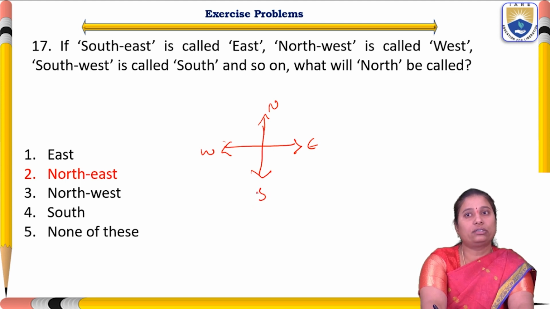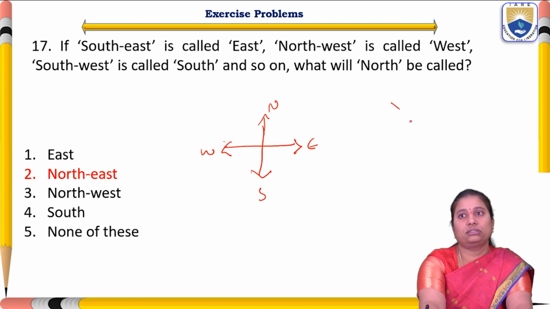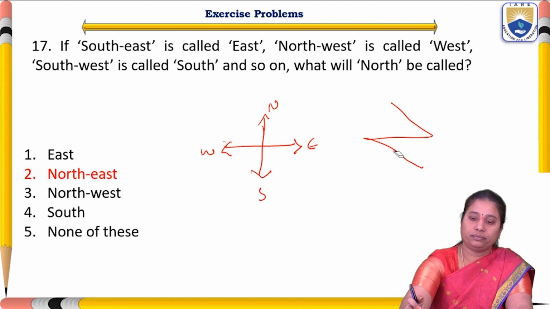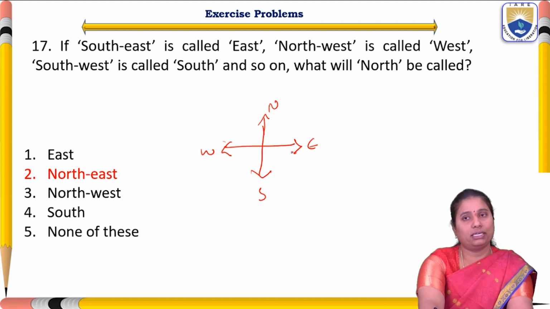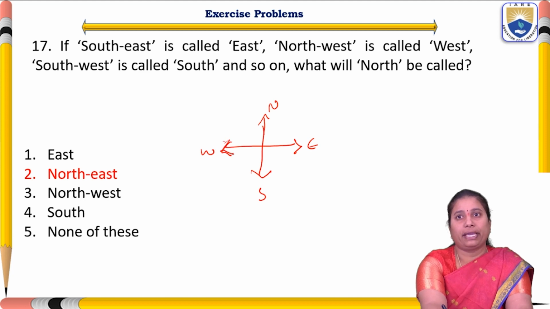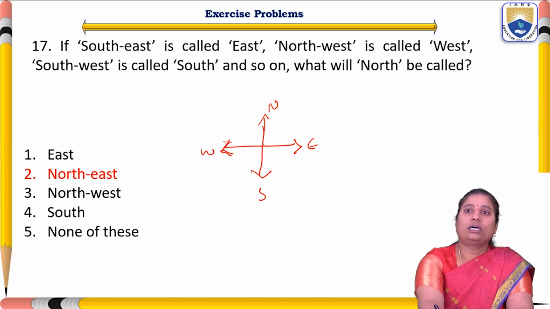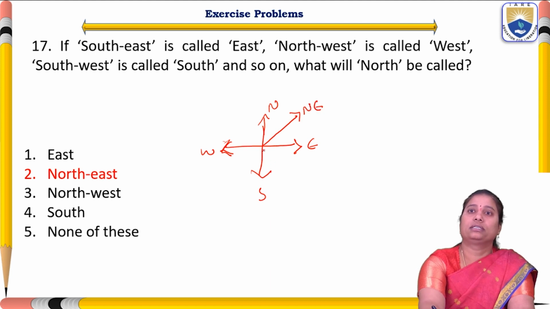You better draw this based on this pattern while practicing, but if you are very thorough with it, it is okay. And in between, northeast and southeast, southwest and northwest.